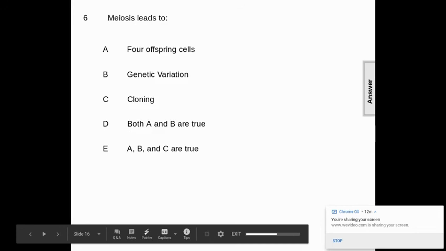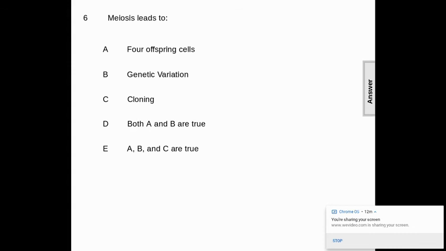Okay, question 6. Meiosis leads to, now remember, me, what are you supposed to be thinking, sperm or egg? What does meiosis lead to? 4 offspring cells, genetic variation, cloning, both A and B, or A, B, and C? And the answer is going to be D. Both A and B are true.